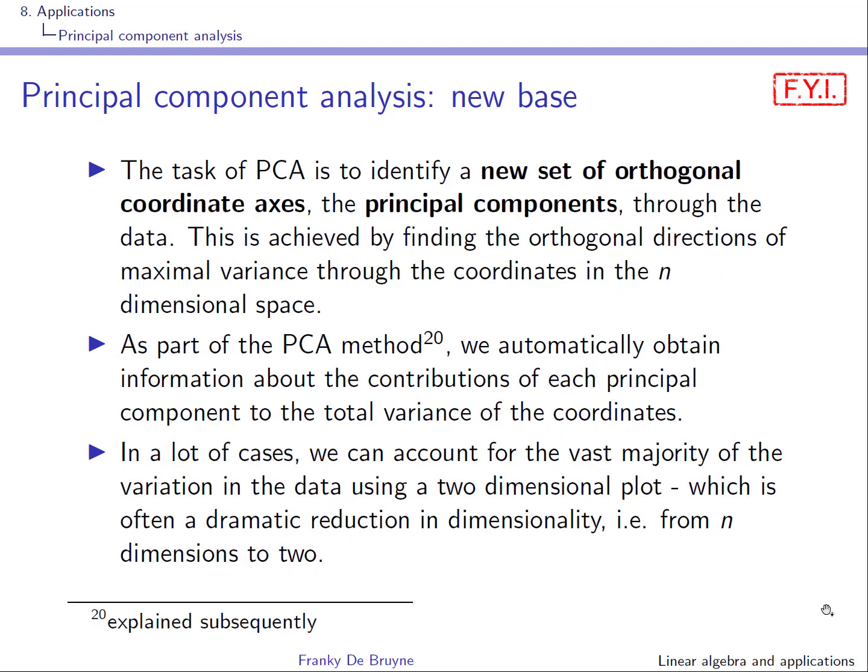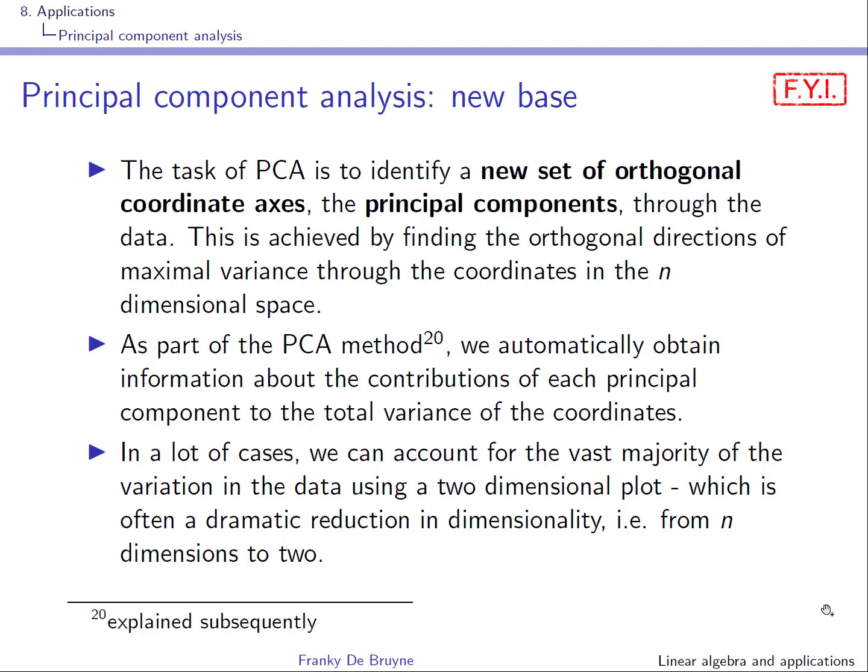Principal component analysis will allow us to be smart. What we do is use a new set of orthogonal coordinate axes, called the principal components, in our n-dimensional space. The idea is to explain as much as possible of the variance.